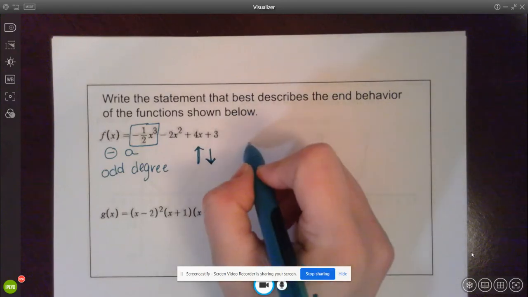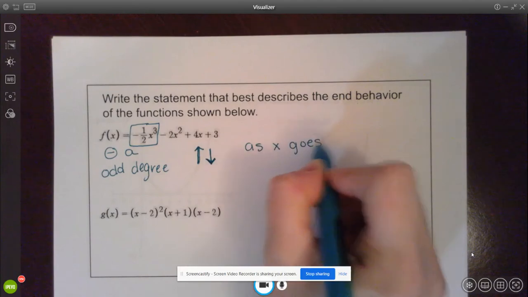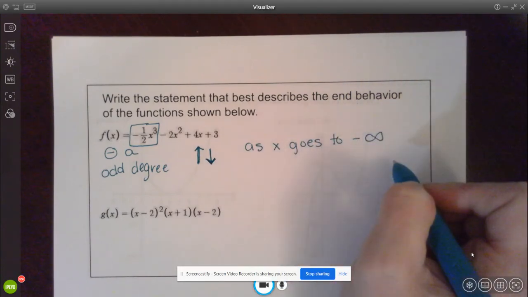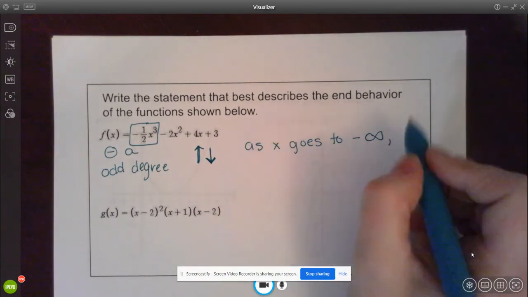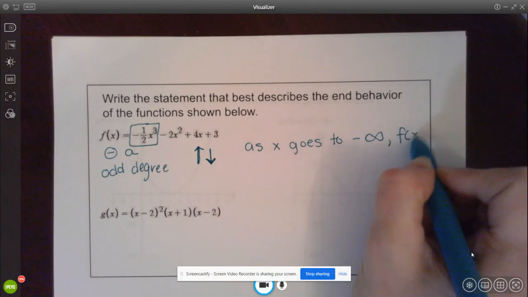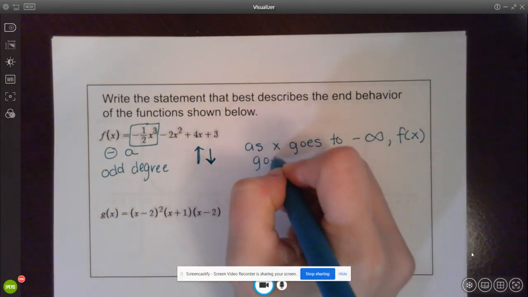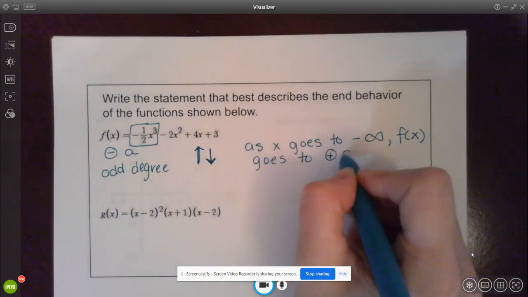So I would say as x goes to negative infinity, remember that's the left side, f of x, meaning my output values, goes to positive infinity.